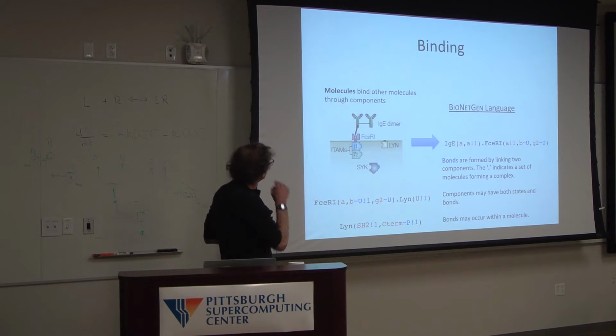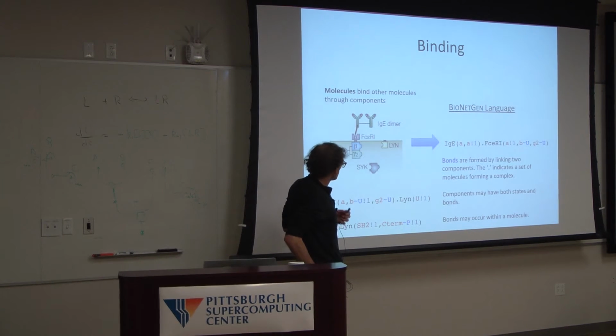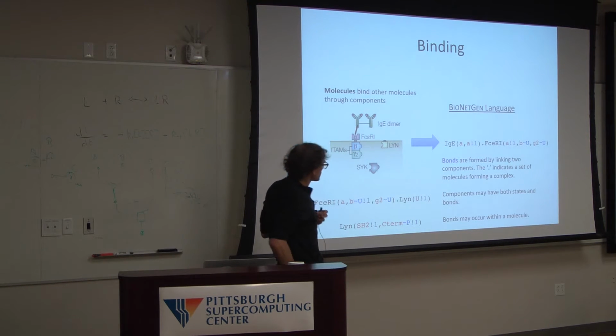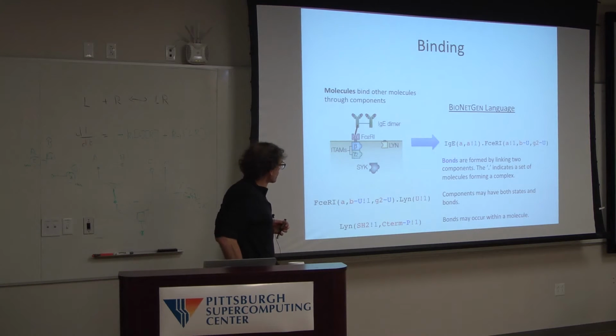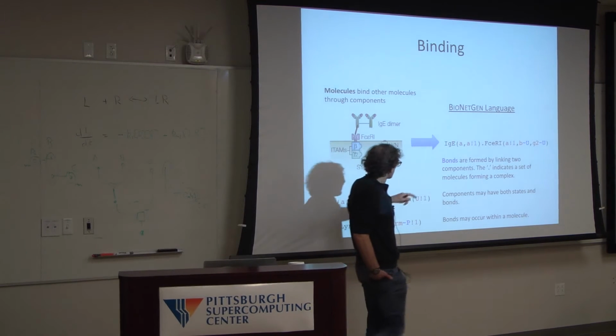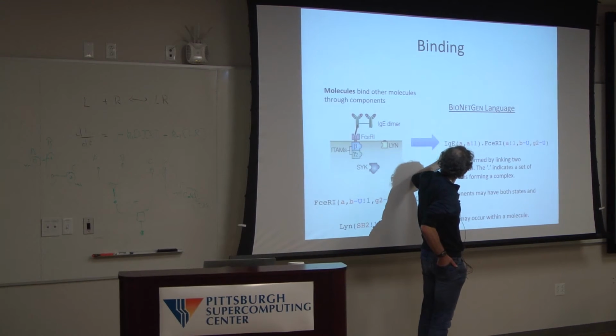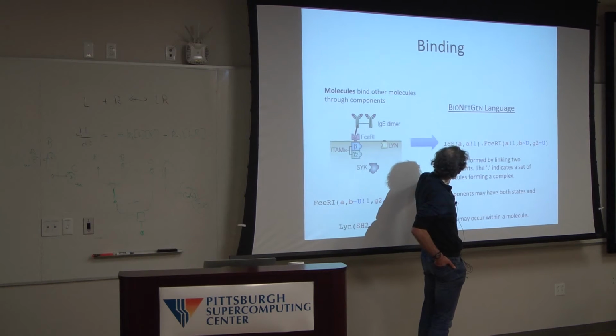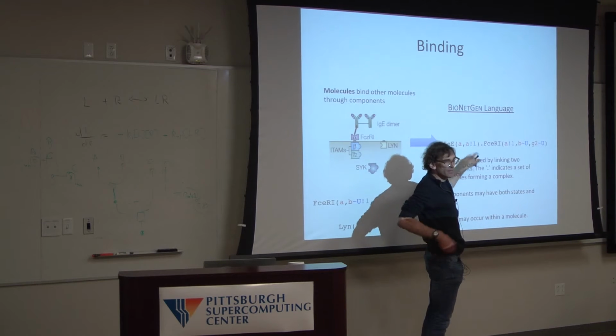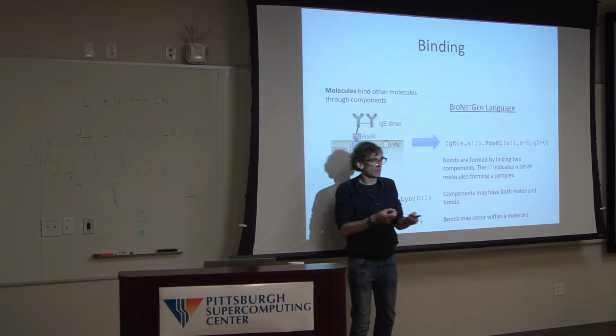Okay, so the next thing you need to understand in terms of how we work with the molecules in our system is how to create bonds between molecules. An example of a bond is shown here. I have the IgE dimer molecule, which has two A components, and that's something I didn't mention in the previous description. If I give two components in the molecule the same name, it means they effectively act as symmetric components.